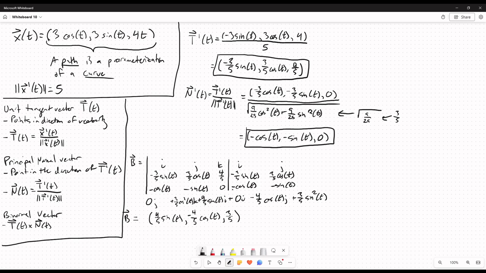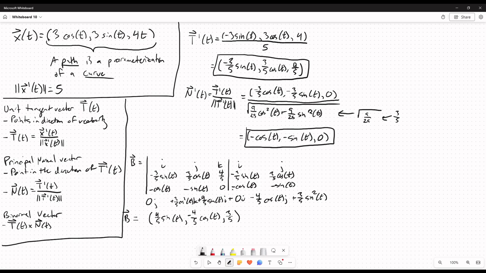The answer is yeah. We'll get negative 4/5 sine of t cosine of t if we dot with n, and then positive 4/5 sine of t cosine of t, and then 0. Add those all up, that's going to get you 0. So we notice that this is in fact orthogonal with n. That's a good safety check that we did this problem right.